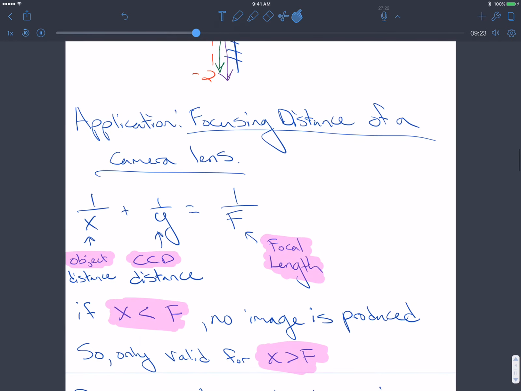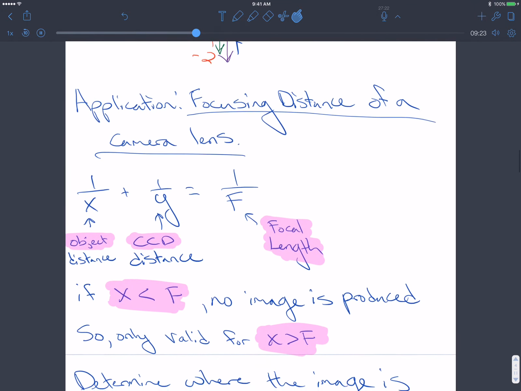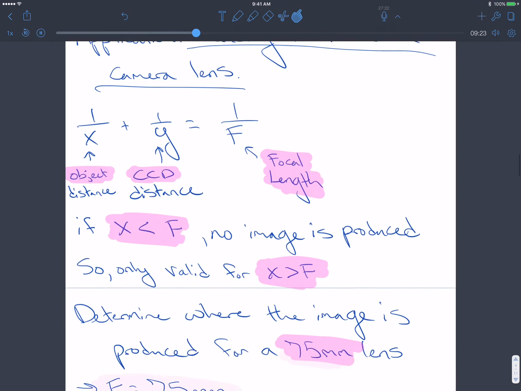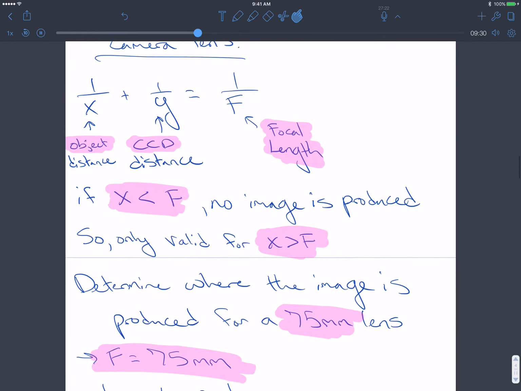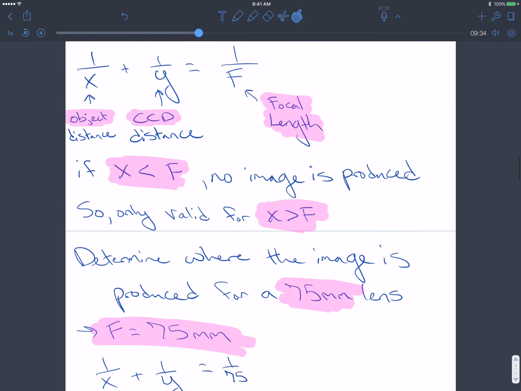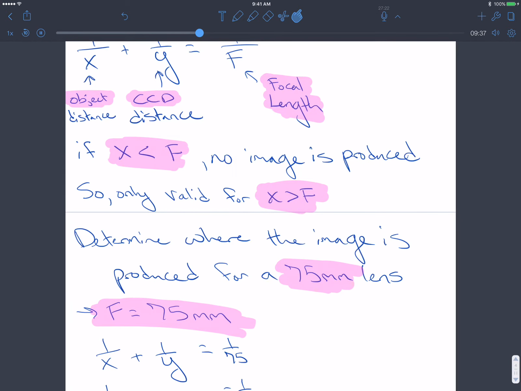So if we need to figure out where an image is produced, let's start with an example of a 75 millimeter lens. So that means that f is equal to 75 millimeters. Now, that tells us that we can now define a relationship between the image distance and the object distance by solving for y.